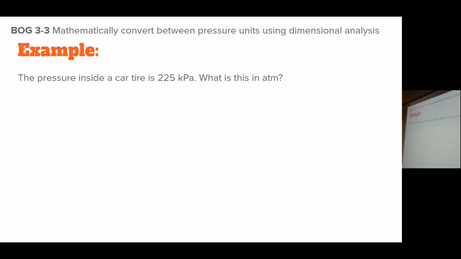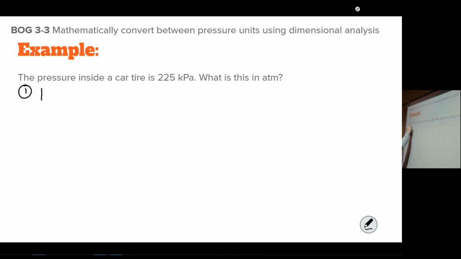So as an example of how we would do this mathematically, the pressure inside a car tire is 225 kilopascals. What is this in atmospheres? So the first thing I need to know is my conversion factor. So from the previous slide, I know that 1 atmosphere is equivalent to 101.3 kilopascals.